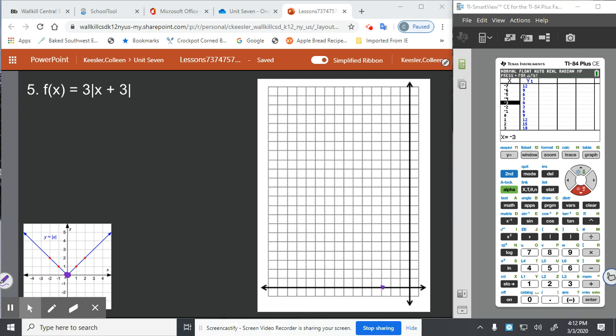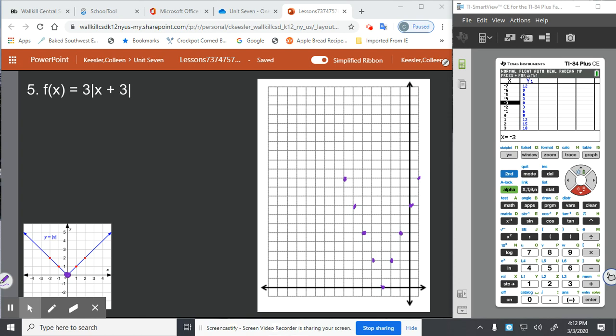But then negative 4 is at positive 3, as is negative 2. Negative 5 is at positive 6, as is negative 1. 0 and negative 6 are at 9. And 1 and negative 7 are at 12.